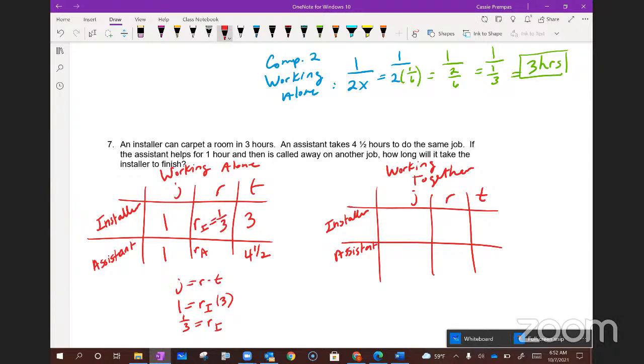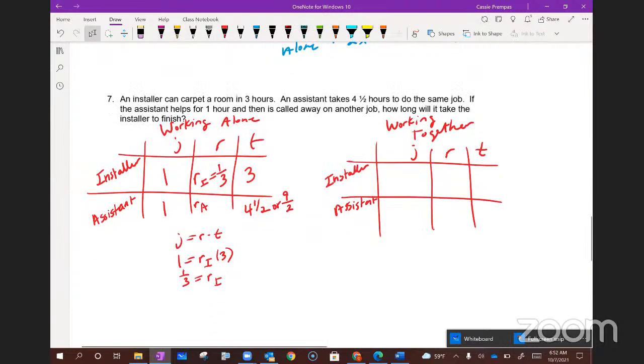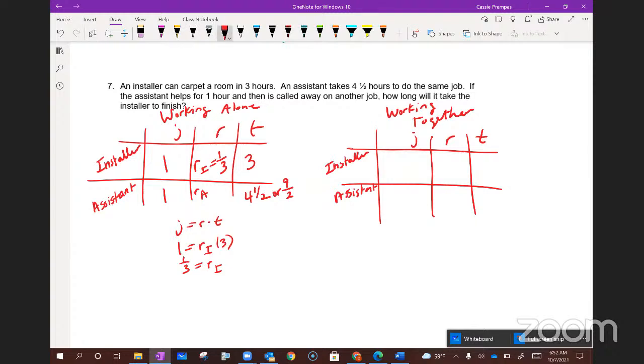1/3. Nice. Okay, I'm going to call this guy 9/2 because it's going to be easier for me to work with it mathematically. So I know for the rate of the installer, the job is going to equal the rate times time. Or sorry, the assistant. We're on the assistant. Don't confuse him. He still has some work to do. Okay, so the assistant, he can do 1 job in 9/2 hours.